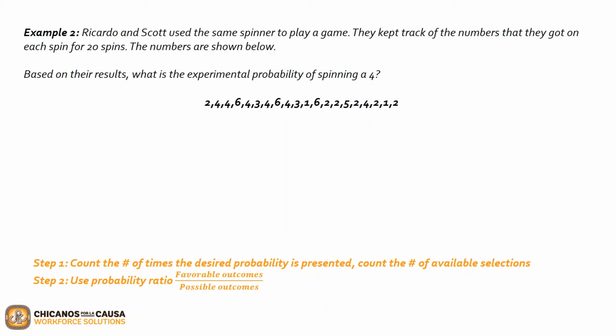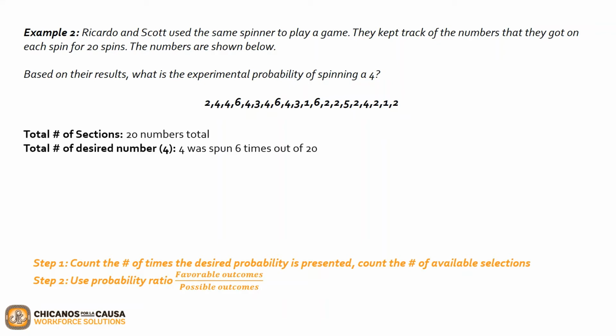So we're going to put our favorable outcomes over our possible outcomes. So we have a total number of sections or numbers, which is 20. So we were given 20 numbers for the 20 spins. Now, our desired outcome of 4 was spun 6 out of those 20 times.